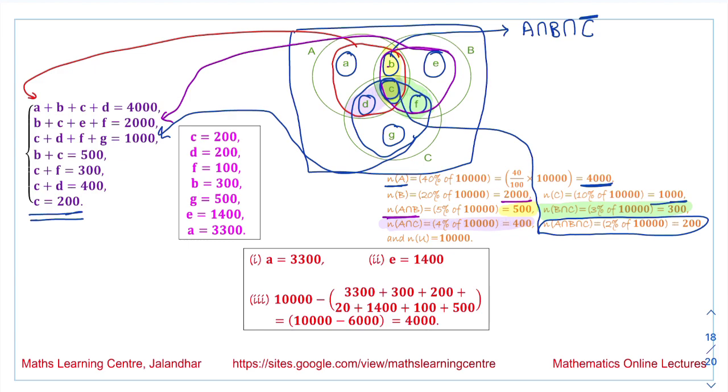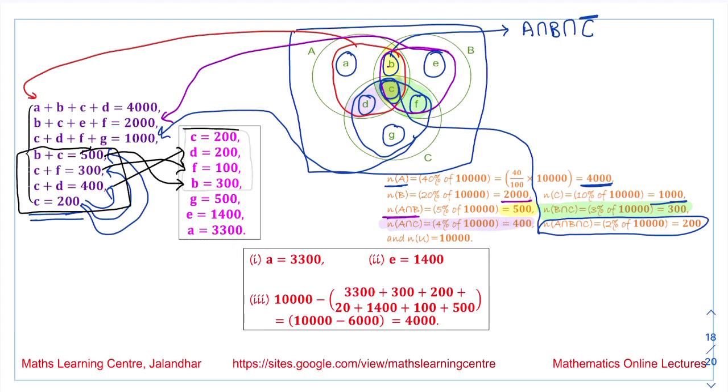So by backward substitution, we substitute the value of C in these three equations. From this last equation, we will obtain the value of D. From the next equation, we will obtain the value of F, and from the next equation, we will obtain the value of B. So from these four equations, we have obtained these four values.